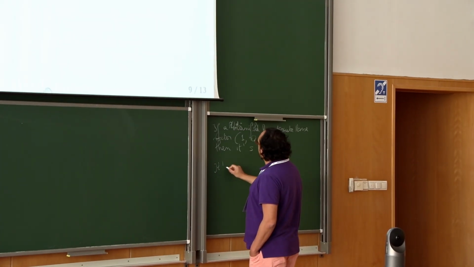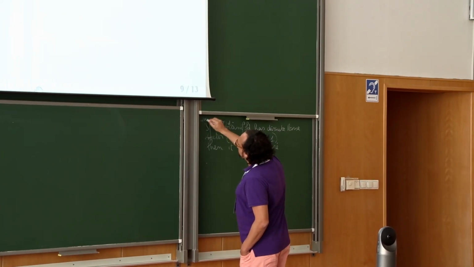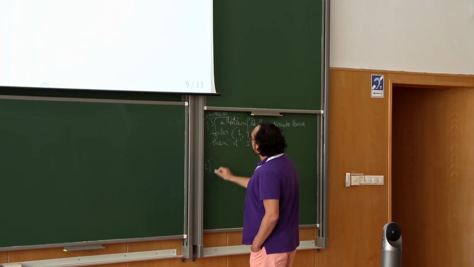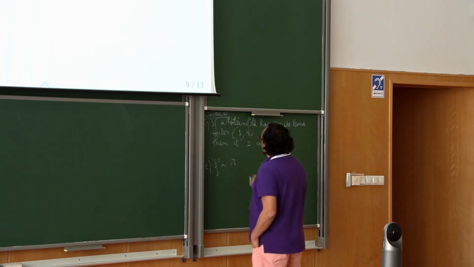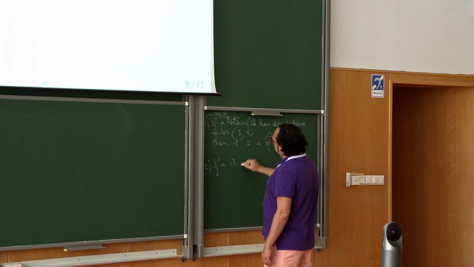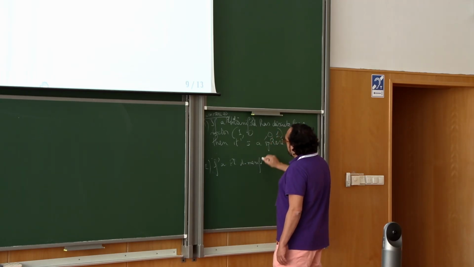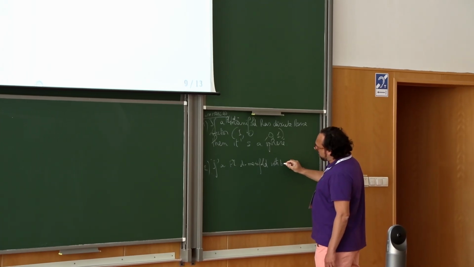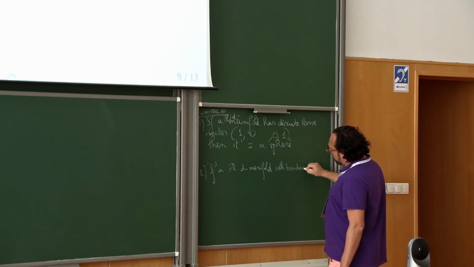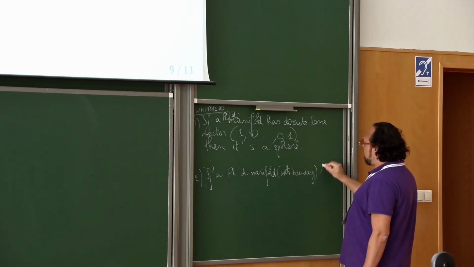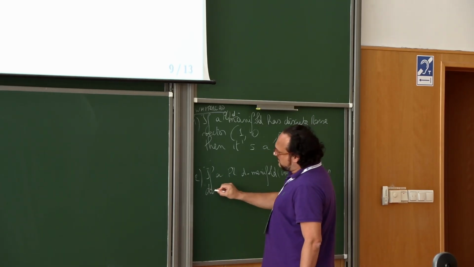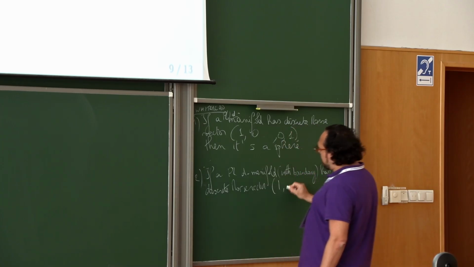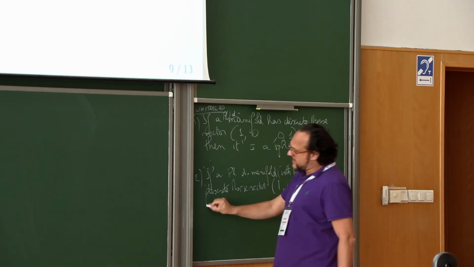And there's a similar theorem by Whitehead. These are both due to Whitehead. There's a similar statement that says that if a PL D-manifold with boundary, in this case with boundary, otherwise it's impossible, has discrete Morse vector one, zero, and so on, zero, then it's a ball.